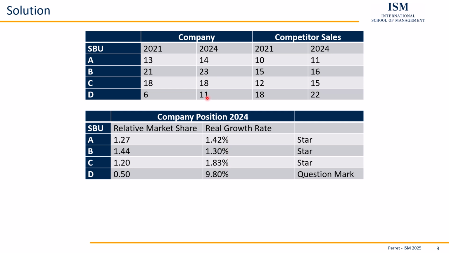Finally, 33 divided by 24 to the power of 1/3 gives me the growth factor, minus 1 gives me the nominal growth rate, minus 0.014, 1.4% inflation, gives me the real growth rate here of 9.8%. That's all the calculations we have to do.